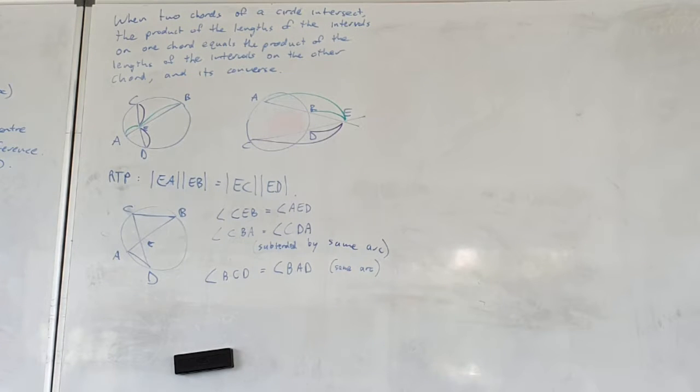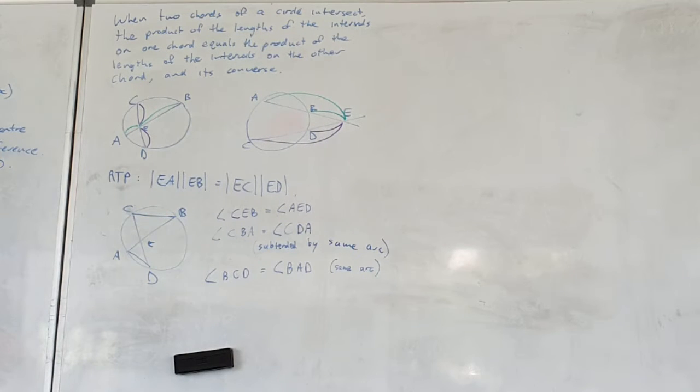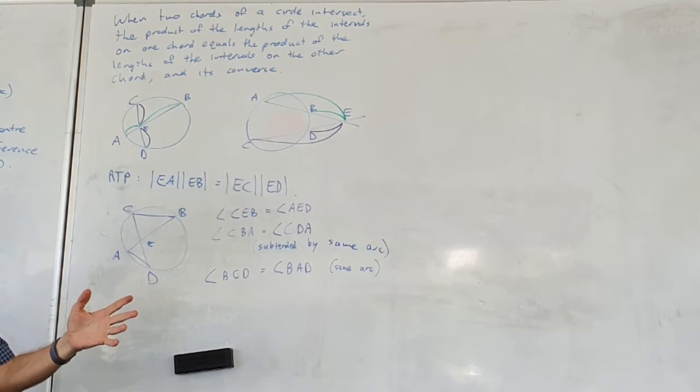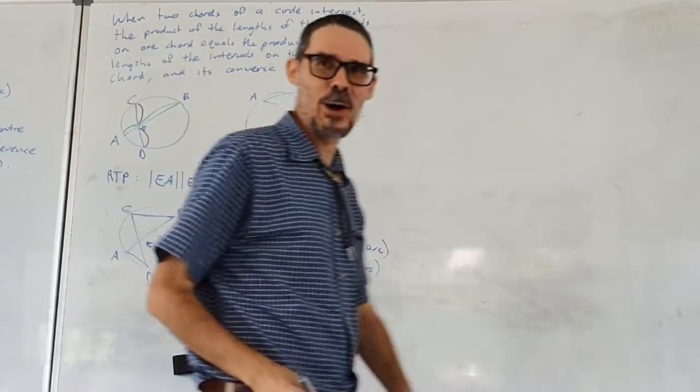So if those two triangles have three angles the same as each other, then those two triangles must be similar. Don't leave Eddie to answer every time, people. Come on.